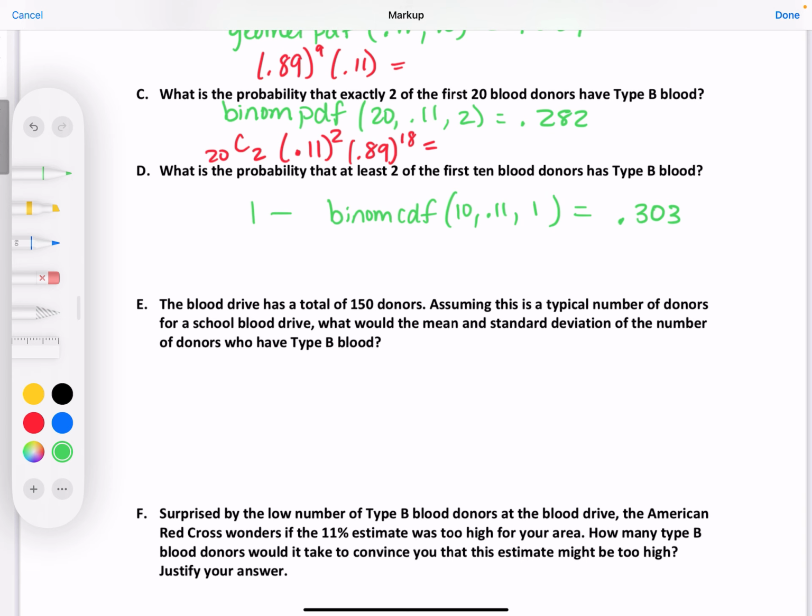The blood drive has a total of 150 donors. Assuming this is a typical number of donors for a school blood drive, what would the mean and standard deviation of the number of donors who have type B blood be?